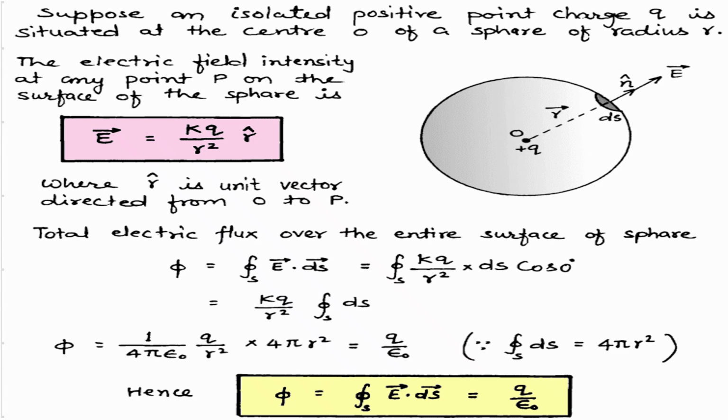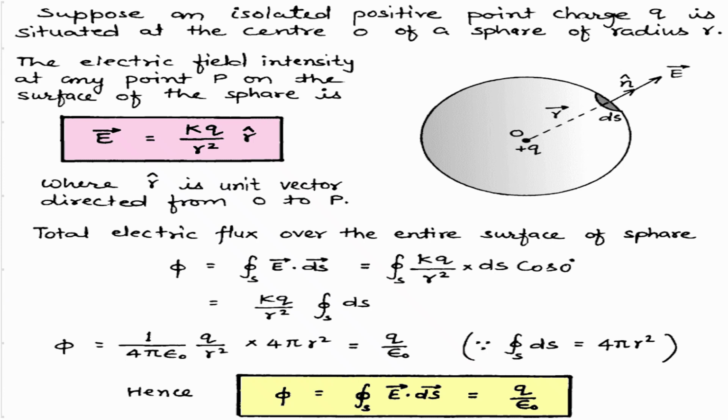If you put the value of E from the above equation, that means kq upon r square r cap, which tells about the direction of the electric field, and k is a constant equal to 1 upon 4 pi epsilon naught, where epsilon naught is the permittivity of free space. If you take out the constant terms, that means kq upon r square, then the integration of ds for a closed surface is equal to 4 pi r square.